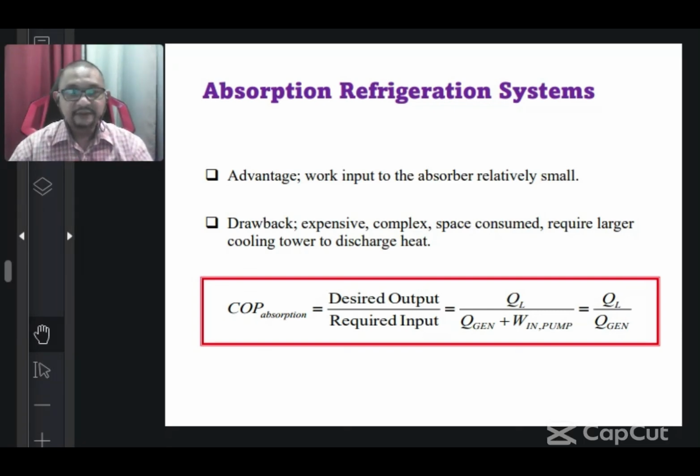So the absorption refrigeration systems are much more expensive than the vapor compression refrigeration system.